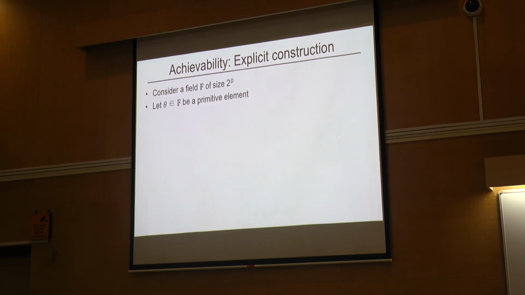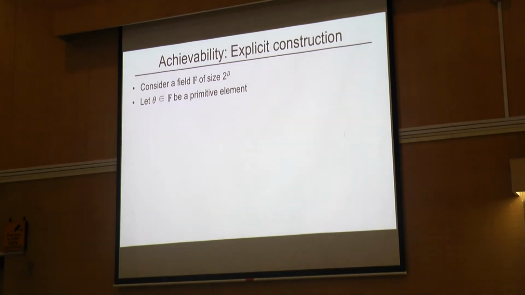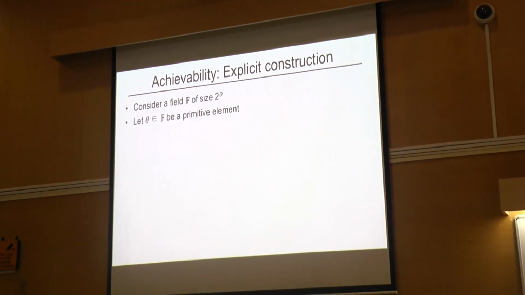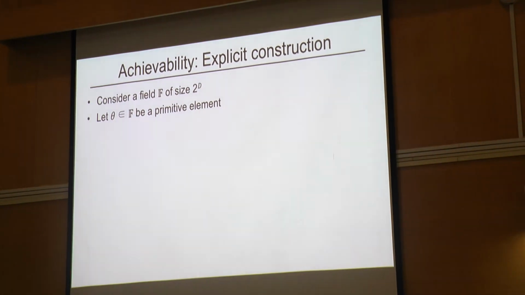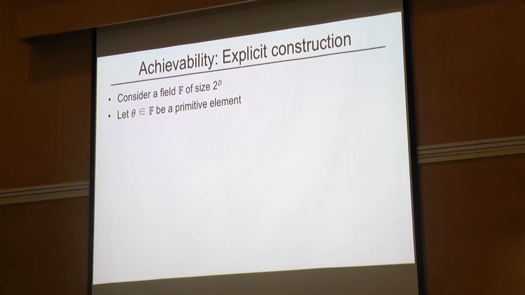Okay, so here is the construction. So consider a field. As I mentioned earlier, fields can be of size power of prime, right? So here just consider 2 to the d. And this is a common technique in achievability results where you will consider a very large field size because that helps in satisfying certain properties, especially the kind that I mentioned about super regularity.